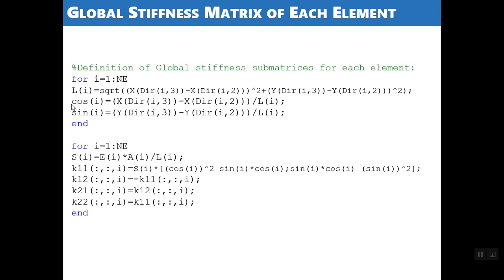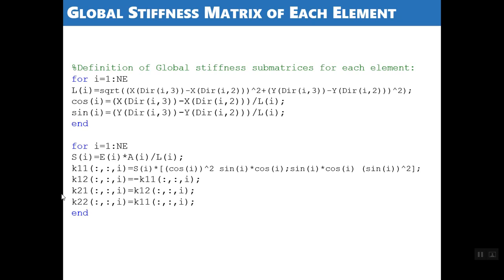So this is to be calculated for each of the elements, and corresponding to each element we will calculate the stiffness matrix. So we begin with another variable which is equal to EA over L. E and A were taken as input while we were taking the inputs for the elements.